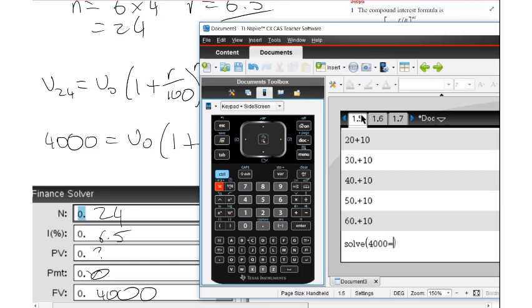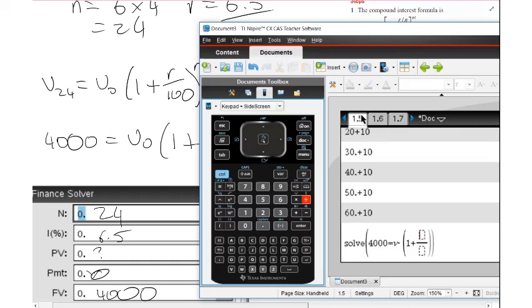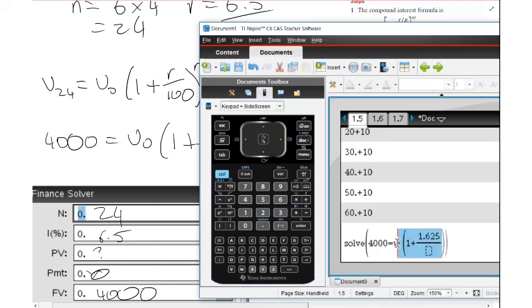I'm going to call it V instead of V0. V multiplied by the bracket where it's going to be 1 plus 1.625 over 100.